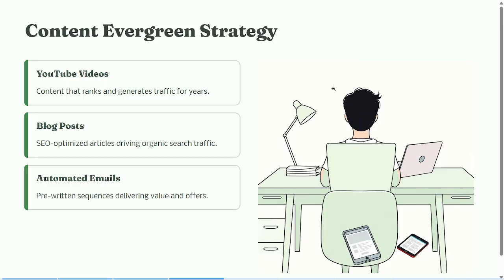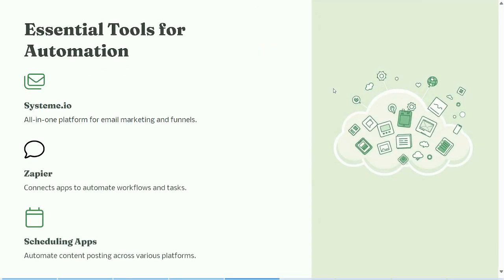YouTube content that ranks and generates traffic for years. Number two, blog posts. SEO optimized articles driving organic search traffic. Number three, automated emails. Pre-written email sequences delivering value and offers.